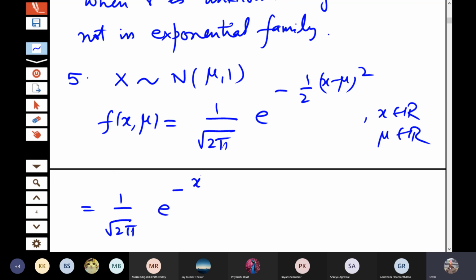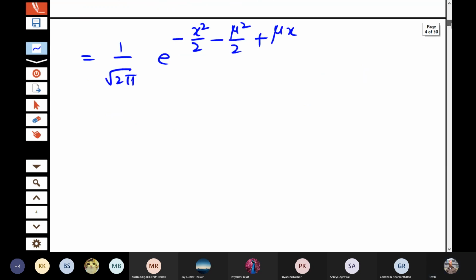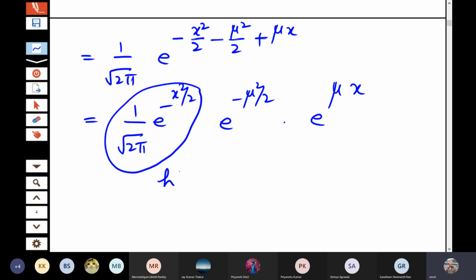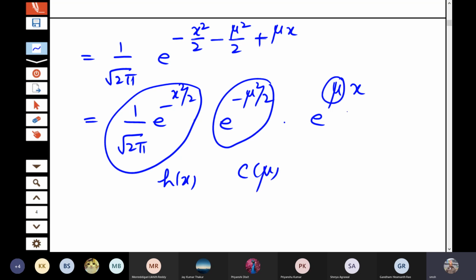We can write it as x square by 2 minus mu square by 2 plus mu x. So then this we write as 1 by root 2 pi e to the power minus x square by 2, e to the power minus mu square by 2, e to the power mu x. Then this term we can consider as h(x), this as C(mu), this is Q(mu), and this is T(x).